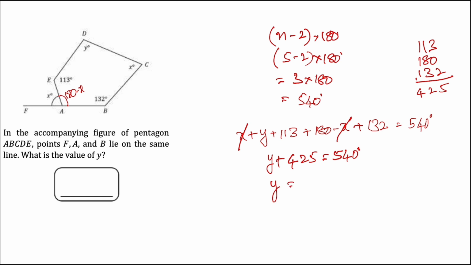So y is equal to 540 minus 425, which is 115. So the value of y is 115 degrees.